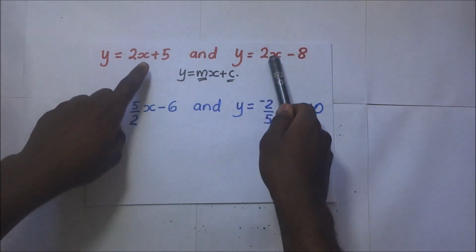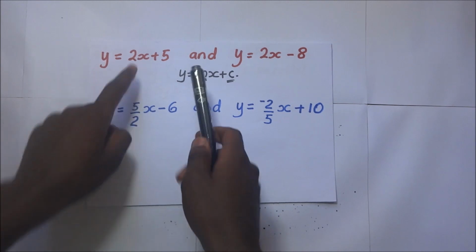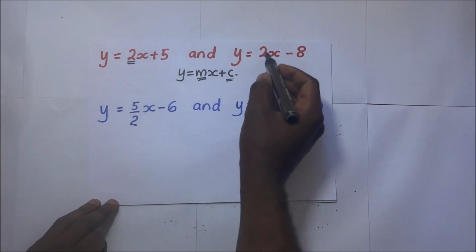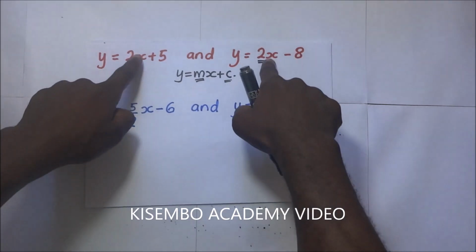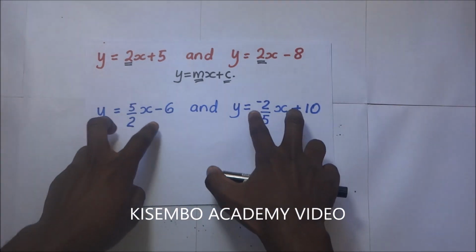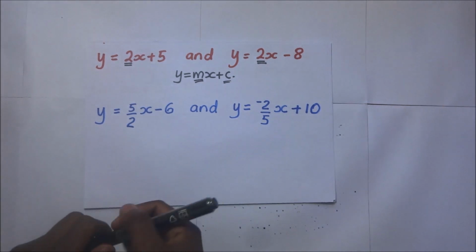Now if you look at these ones that are in red, you'll discover that the value of m is the same. This is y is equal to mx, the value of m here is 2, and the value of m here is also 2. So when you look at these 2 equations, the value of m is the same. But when you look at these other 2 equations, the values of m here are not exactly the same.